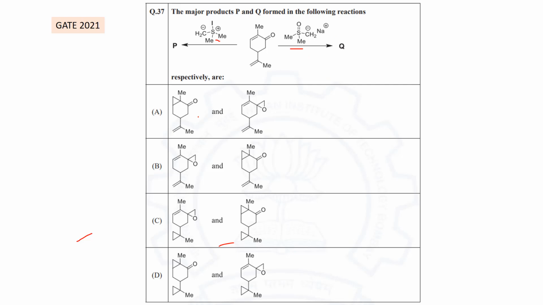Whereas if you give a sulfoxonium ylide, this double bond will react. So the correct option is this one. Sulfonium ylide will react with this part, whereas sulfoxonium ylide will react with this part. Okay.